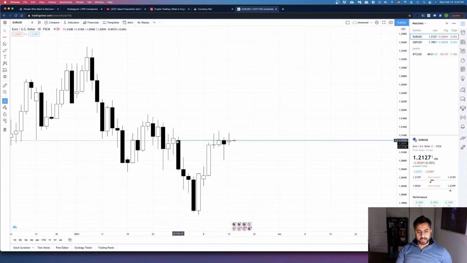But what happened here is we have a little bit of support being created around here, and that gives me an indication that the market wants to come down a little bit and fill this gap here, or maybe retest this level here.